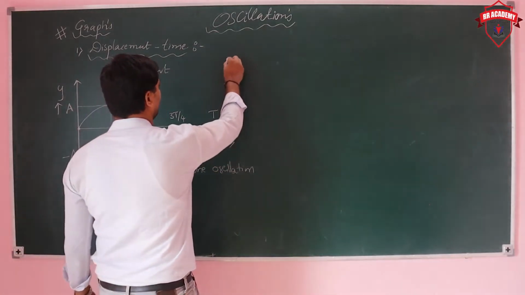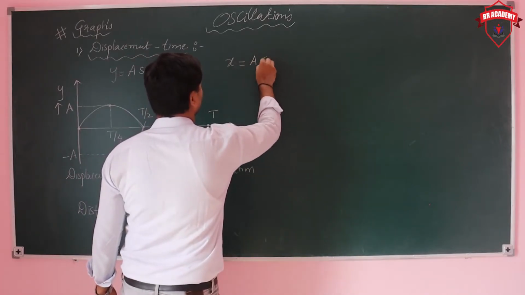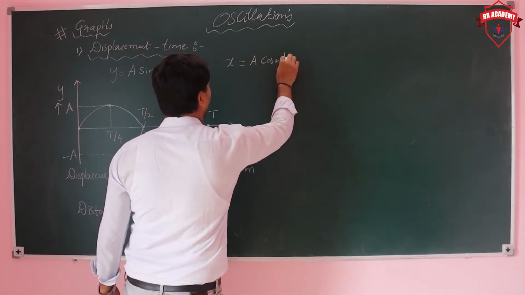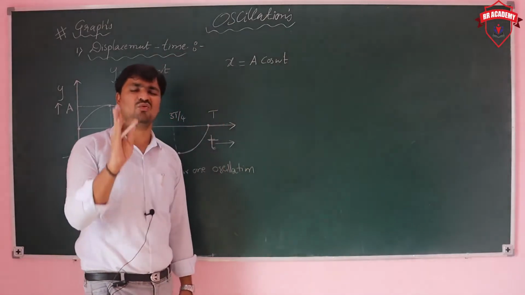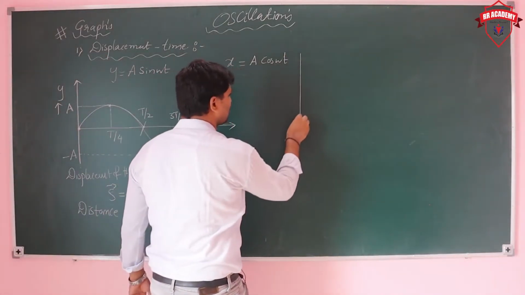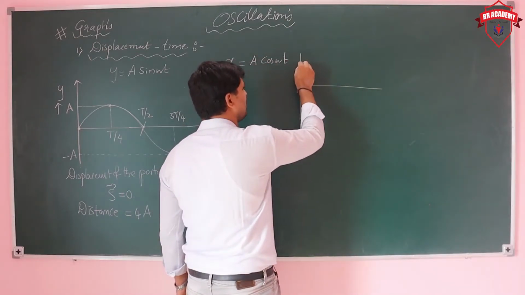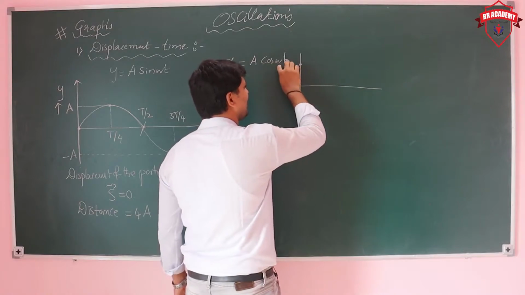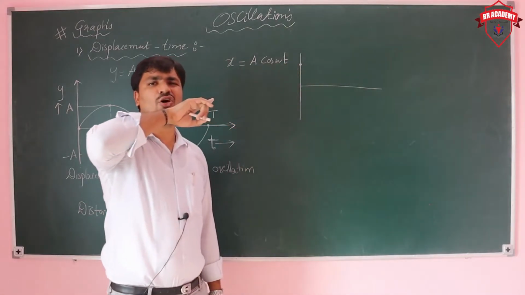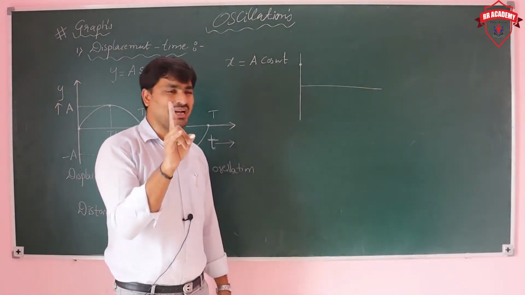In case you are taking x equal to a cos omega t, then what will happen? If you are taking the cos function, nothing changes. What is happening is that it starts from the extreme position, because cos 0 is 1, the maximum value.